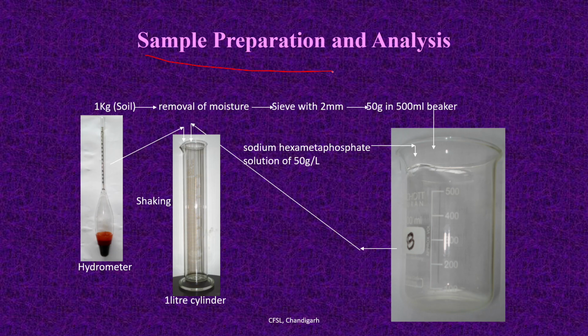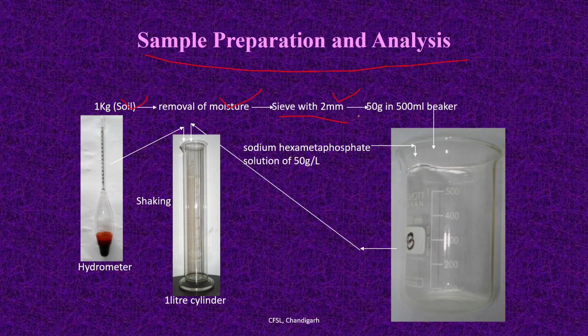Now, for the sample preparation, about 1 kg of soil should be taken. Remove the moisture first and then sieve through a 2 mm sieve, because particles larger than 2 mm do not come in the category of sand. They may be stones, bricks or other things, and should be removed.